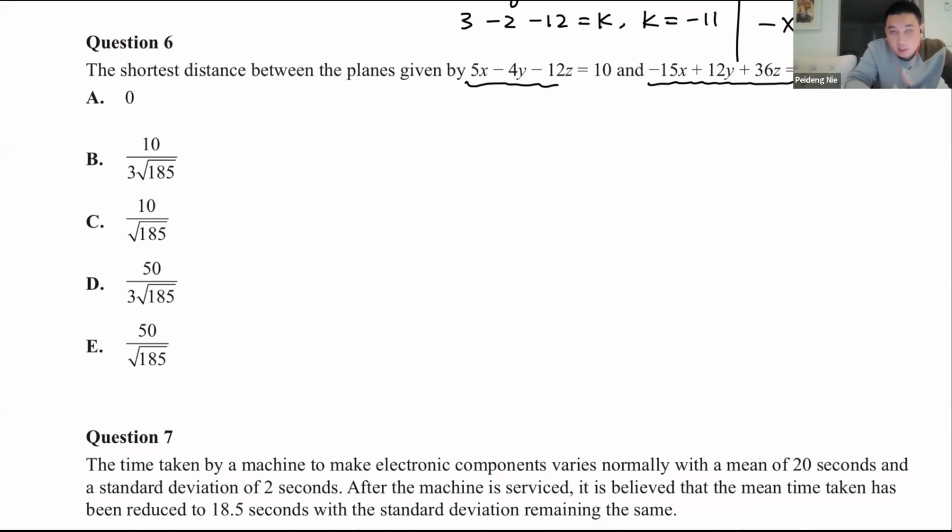What that means is, I noticed in the second equation it's minus 15, 12, and 36. I'm going to divide everything by -3. So I should get 5x minus 4y minus 12z equals minus 20 over 3. So this is very important here, because the first three coefficients are exactly the same. That means we have two parallel planes.